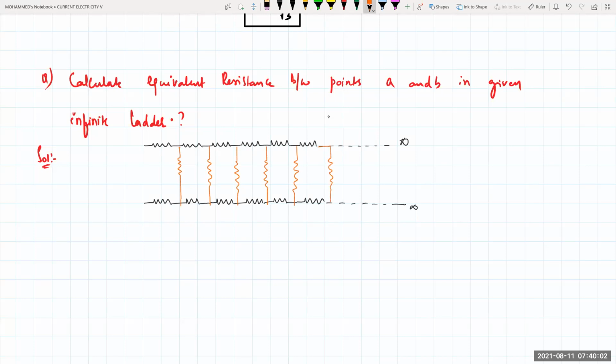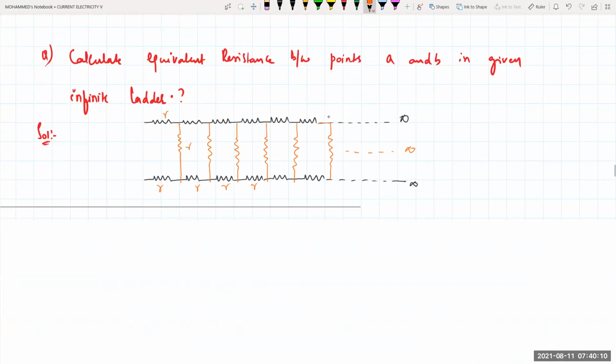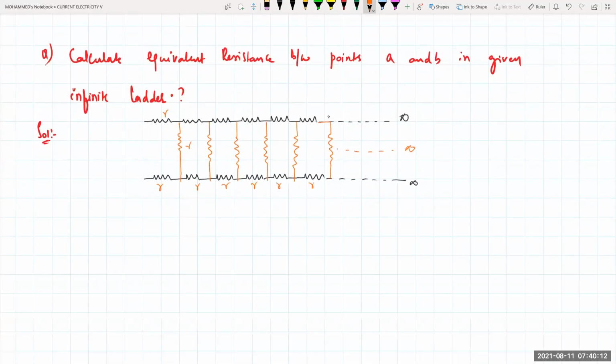This is also up to infinity. All the resistances are R. Or you can take anything; for simplification, I'm taking R right now. You can take 2, 2, or 1, 1 and simplify it, no problem. So these are the 2 points right now. This is point A and this is point B. Clear? So calculate the equivalent resistance between the points A and B in the given infinite ladder.